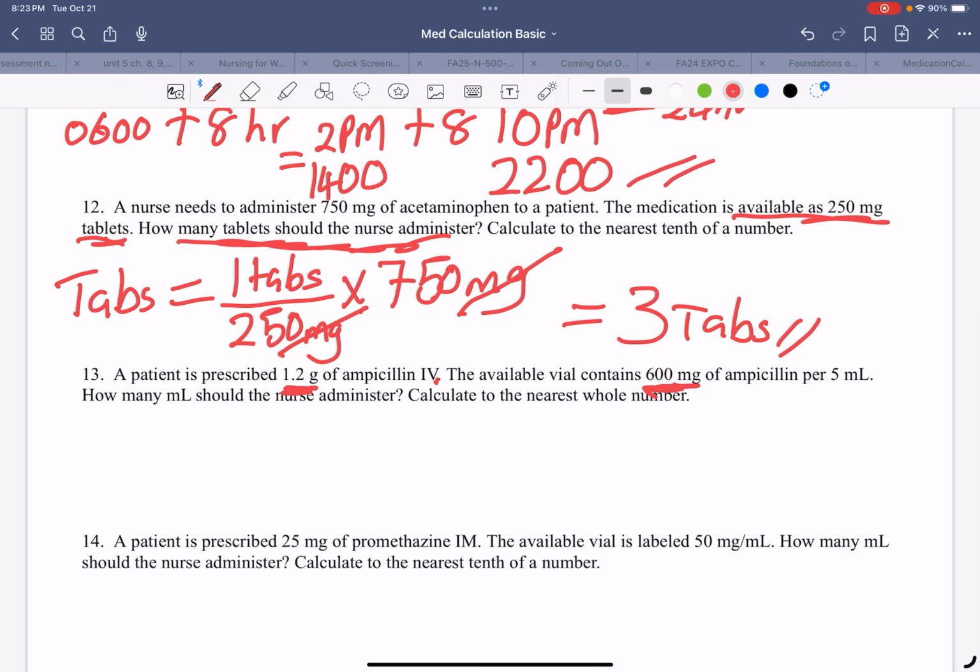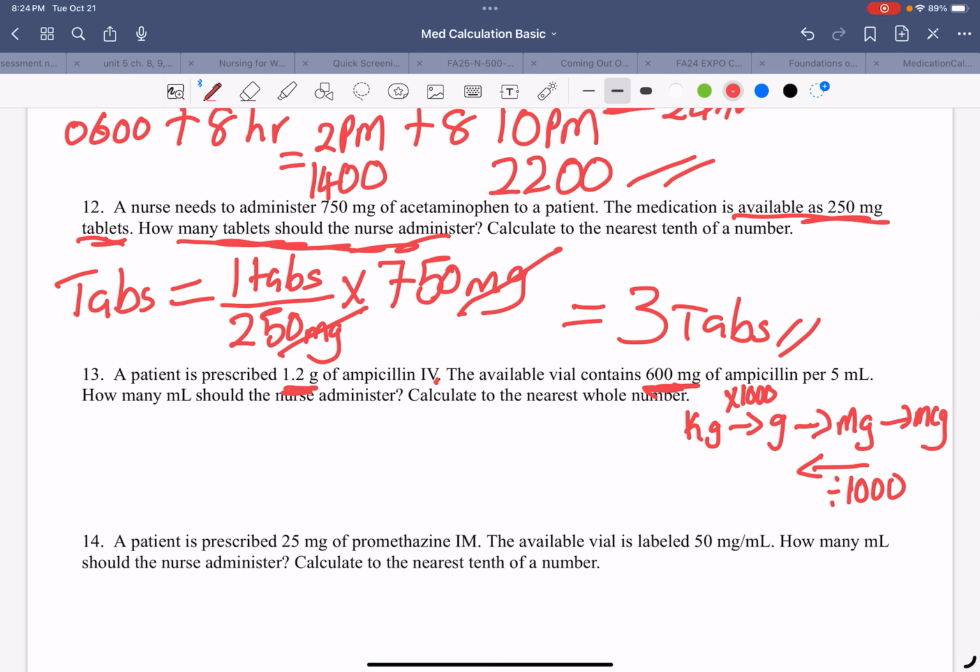So the best way to memorize your gram, kilogram, microgram, milligram, just think about this. If I'm going from kilogram to gram to milligram to microgram, if I'm going to the right, think about multiplying by 1,000. And if I'm going backward, just think about dividing by 1,000.